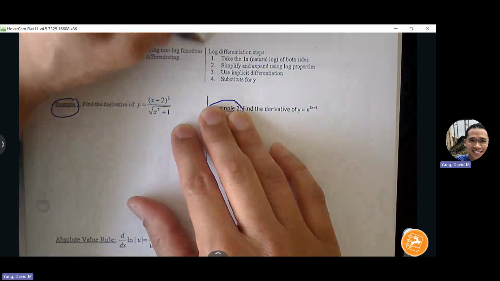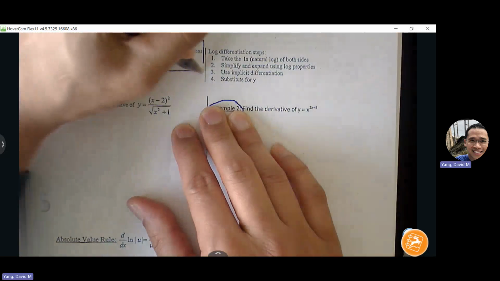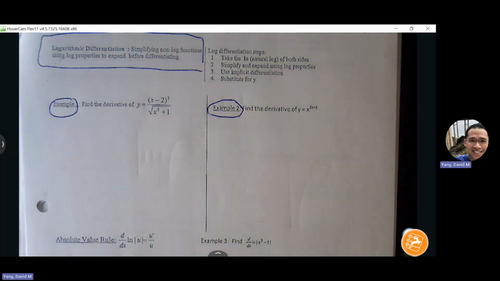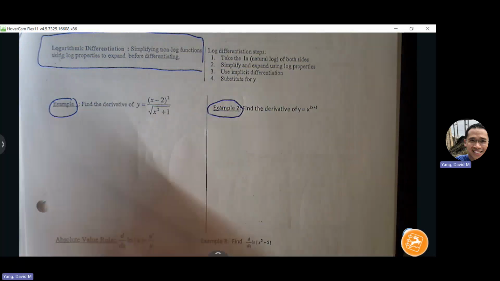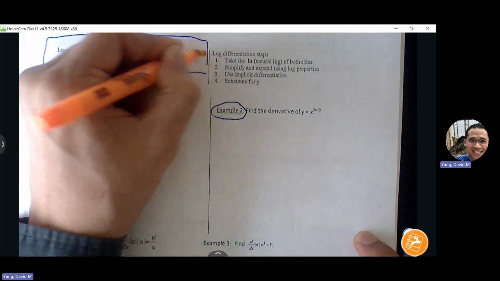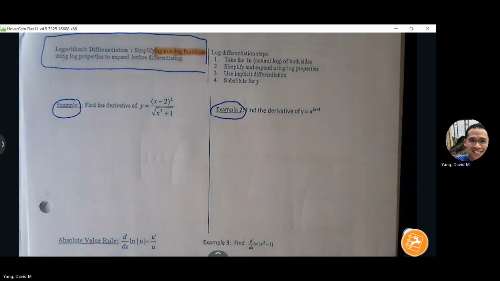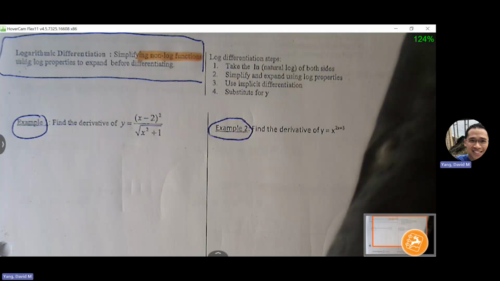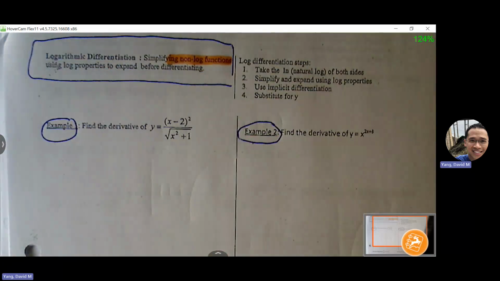So this concept is called log differentiation. Log differentiation is simplifying non-log functions. So we gotta make sure that we do this correctly. Non-log functions using log properties to expand before differentiating. So we saw how helpful log expansion can be, right?